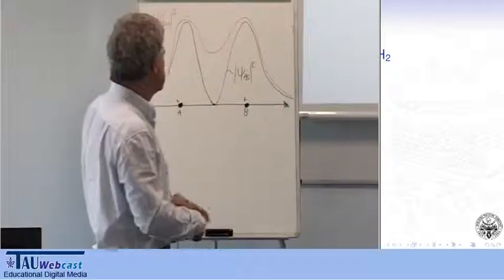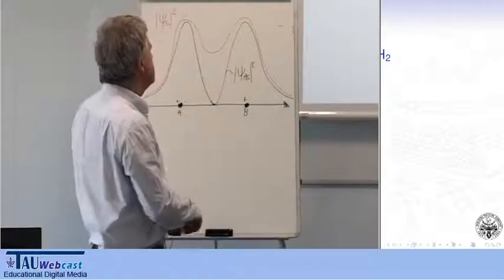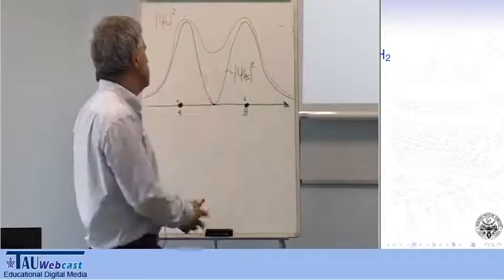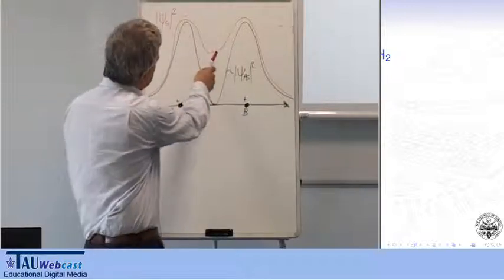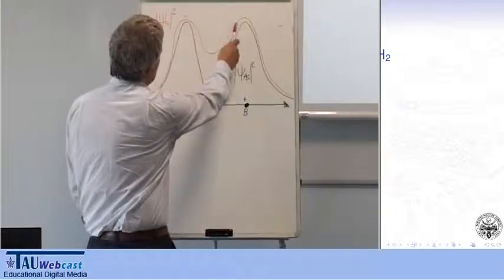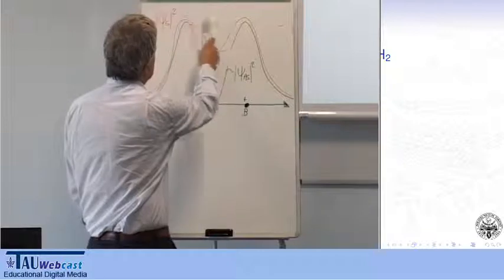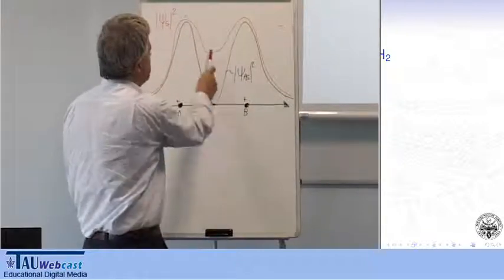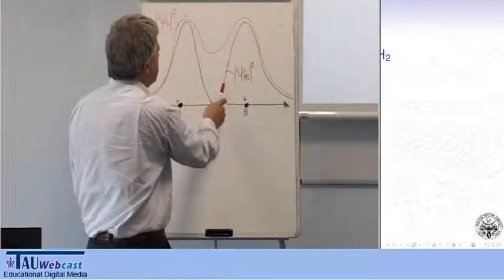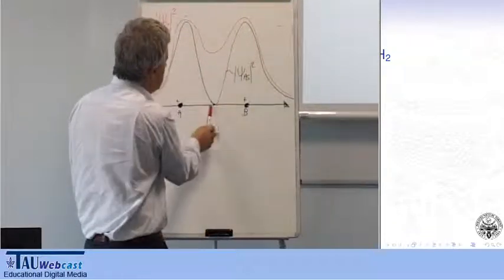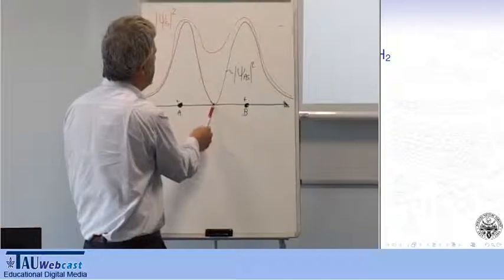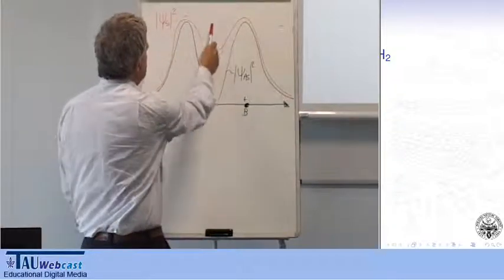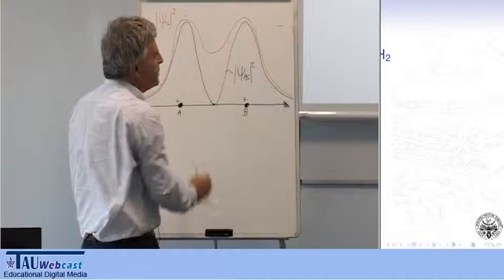The electrons in the H2 molecule can be found with quite high probability between the two atoms for the symmetrical form. And for the asymmetrical form, we discover that the probability to find electrons in the middle between the two atoms is 0.